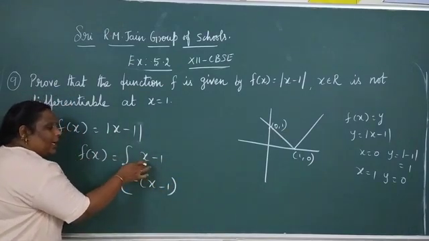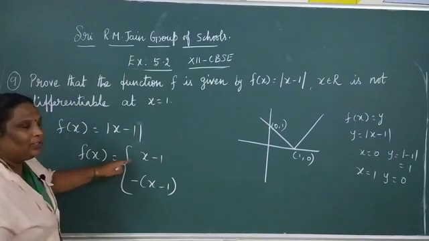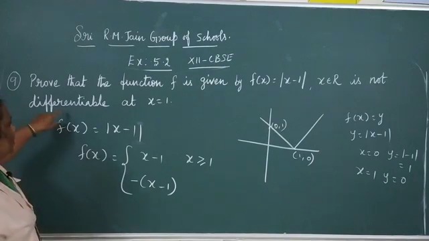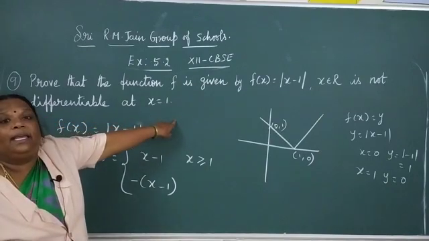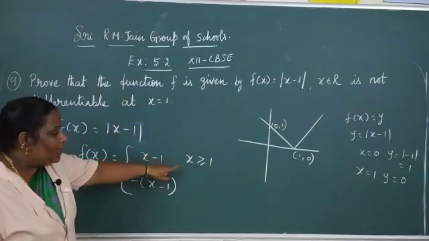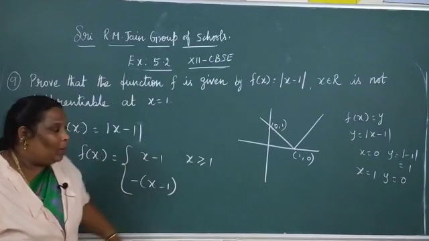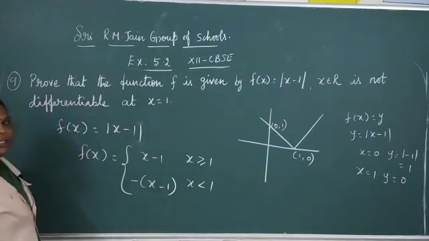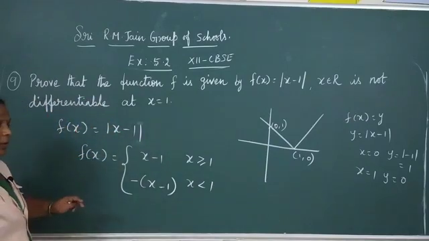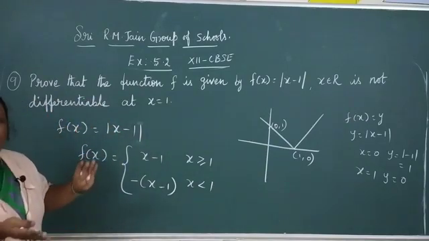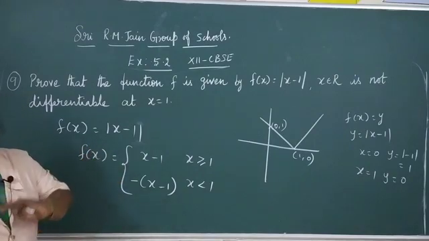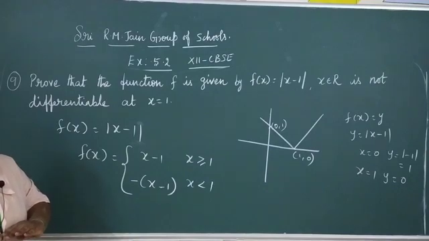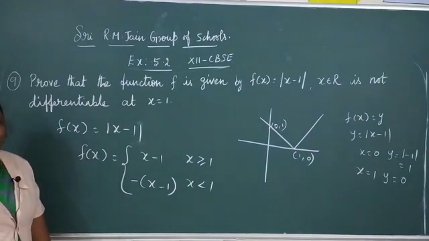What do I write? x minus 1 is positive when x is greater than or equal to 1, because we are checking differentiability at x equal to 1. If it is negative, the x value is less than 1. Now we are going to see whether the left hand derivative and right hand derivative are equal or unequal. Okay, see here.